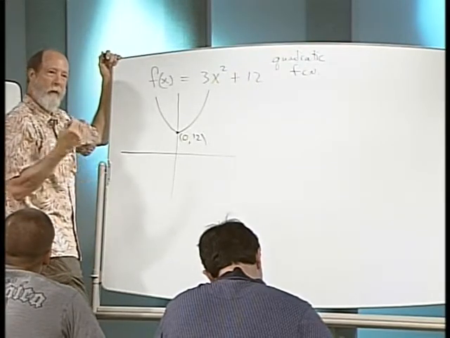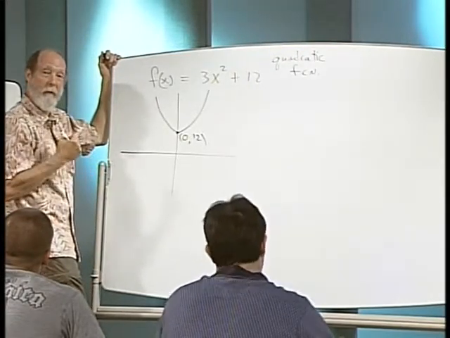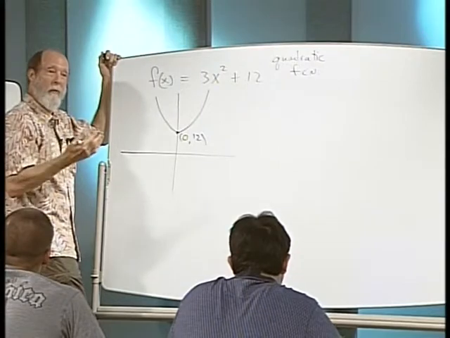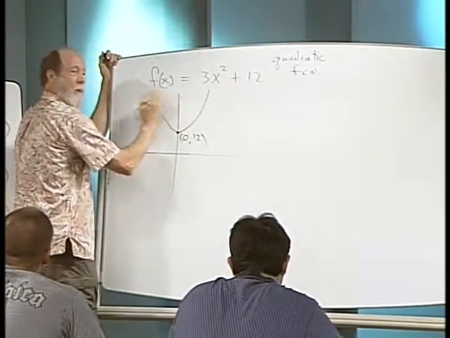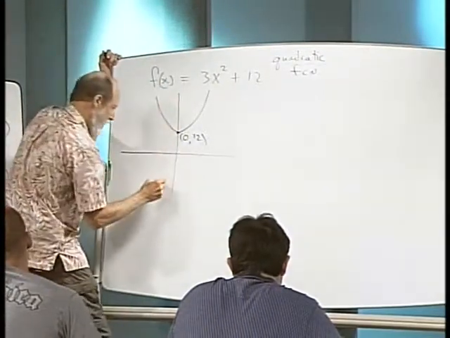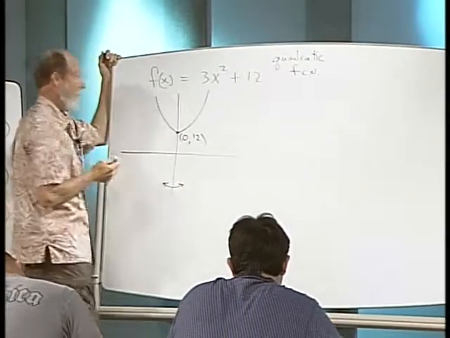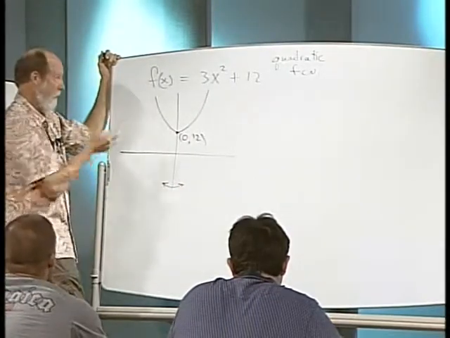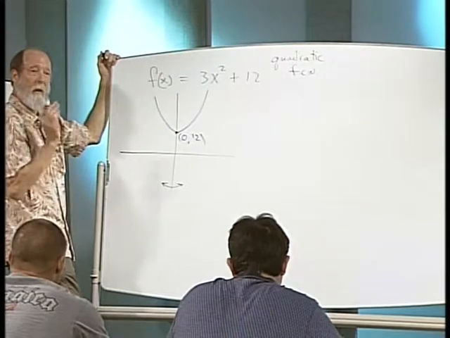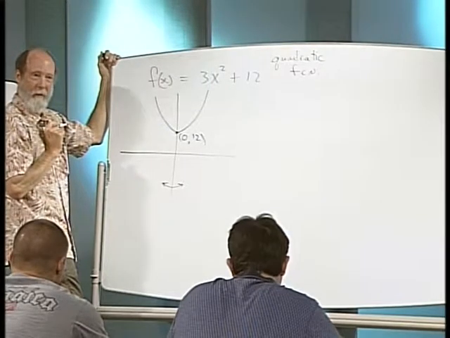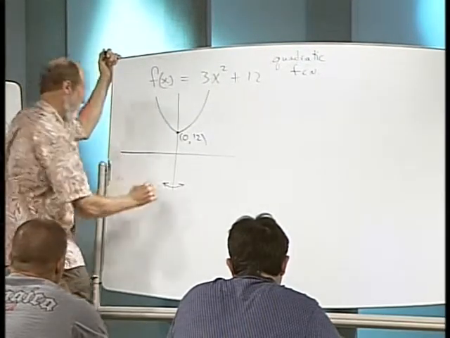Now, based on what I said a few minutes ago about an even function, it exhibits y-axis symmetry. Symmetry to either side of the y-axis. Same stuff. And you can see that on this picture clearly that it is an even function then, right? It exhibits y-axis symmetry.